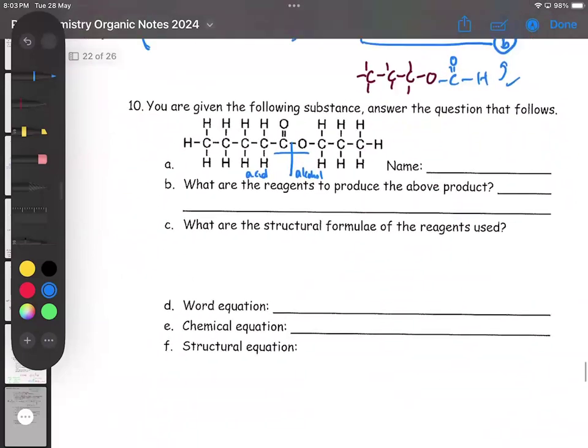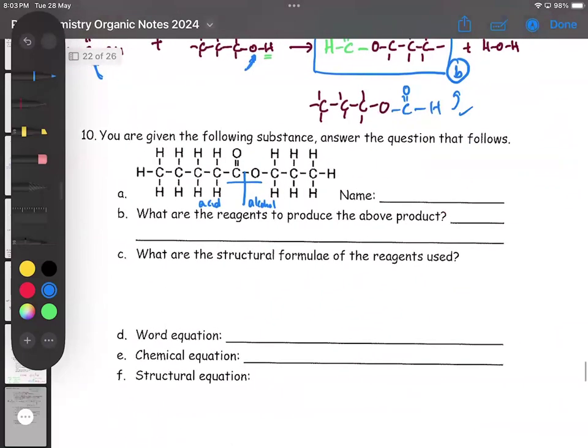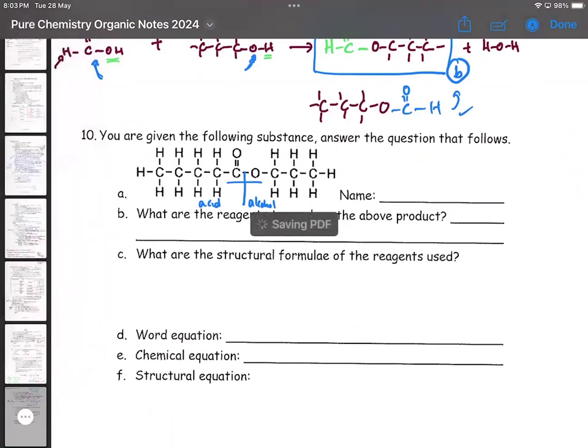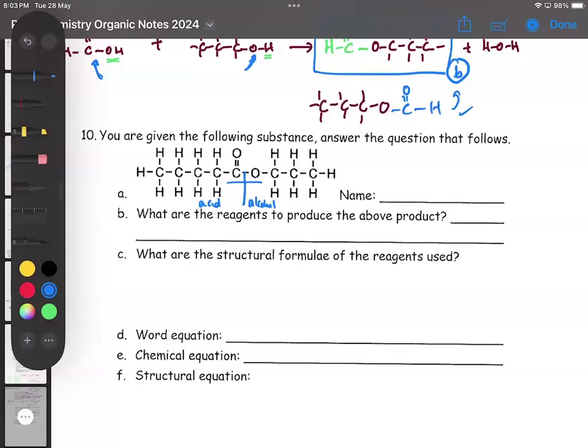Okay, so before we do the name, count the number of carbons in the alcohol and the number of carbons in the acid. Kaylee, we are doing esters, so look for your esters note. From here, I have a 3-carbon alcohol.